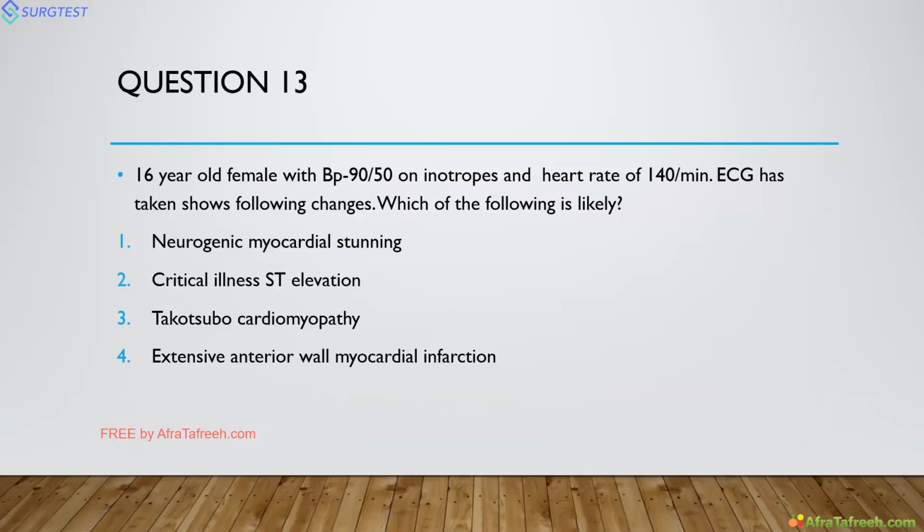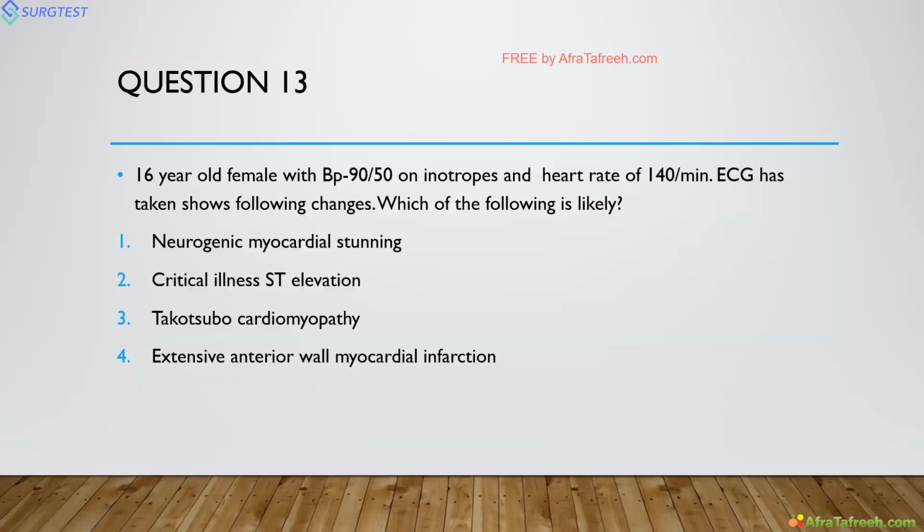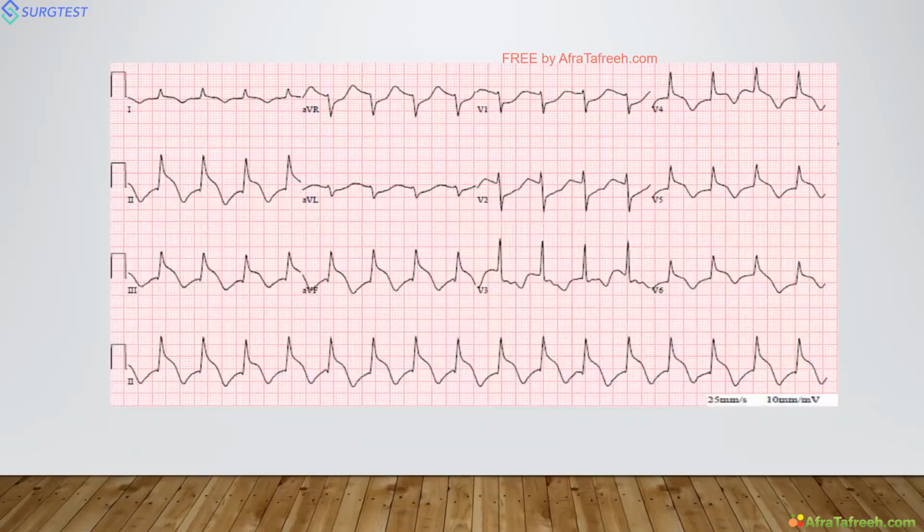So this is the question: a 16-year-old female, low BP, heart rate 140, ECG shows the following changes. These are the options and this is the ECG.